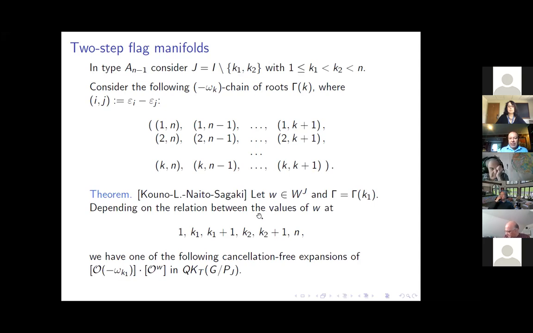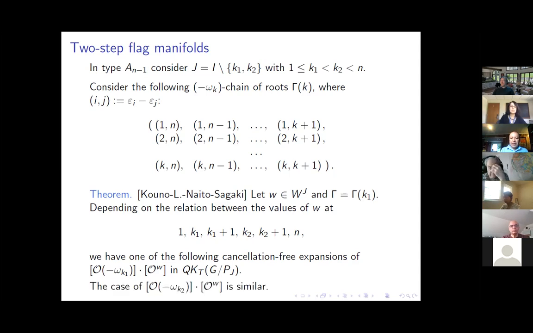And here you have several cases, and the cases depend on the relation between the values of the corresponding element of the Weyl group, indexing the Schubert class at positions 1, k1, k1 plus 1, k2, k2 plus 1, and n. So there are these specified values which can lie in different orders, and depending on how the values relate here, you have four types of formulas.